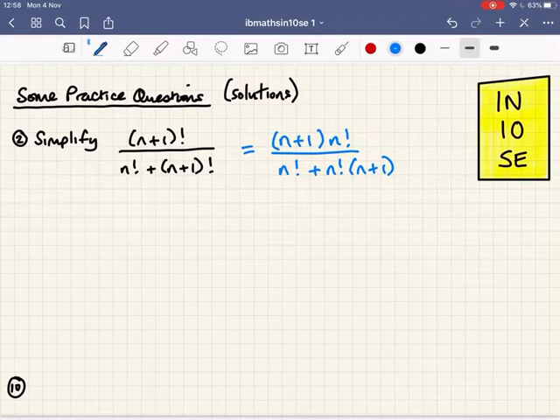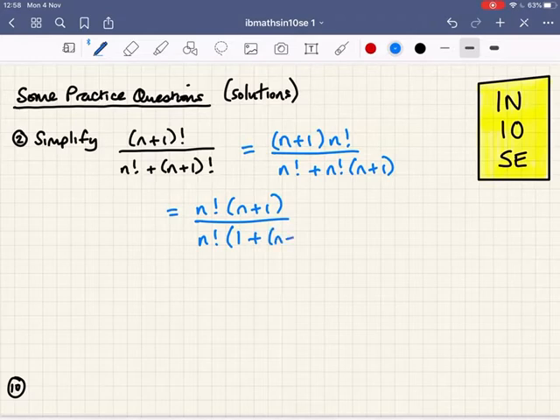Now I can do a bit of factorizing on the bottom because both bits of the bottom expression have got n factorial in them. So rewriting the top, I'm just changing the order here to make it a little bit simpler to see. On the bottom, n factorial, and in the brackets I've got 1 plus n plus 1.